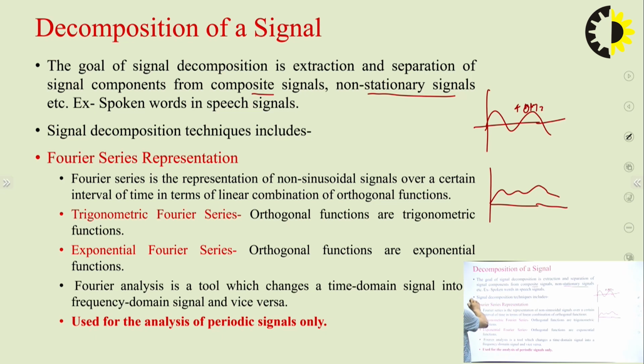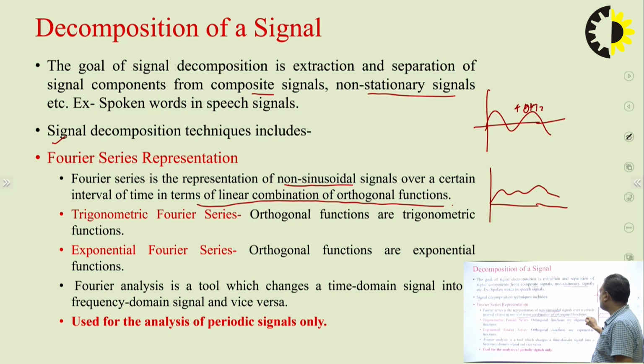Signal decomposition techniques include, one way, Fourier series representation. You have all gone through the Fourier series representation. So what is Fourier series representation? It is the representation of non-sinusoidal signals over a certain time interval in terms of a linear combination of orthogonal functions. What are the orthogonal functions? That depends upon the type of series we are taking.